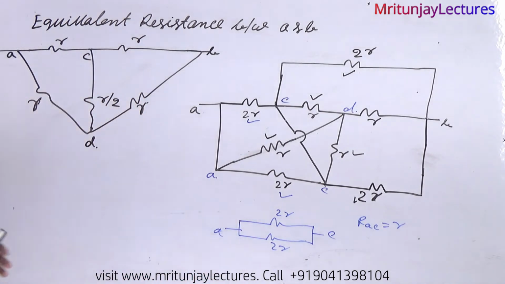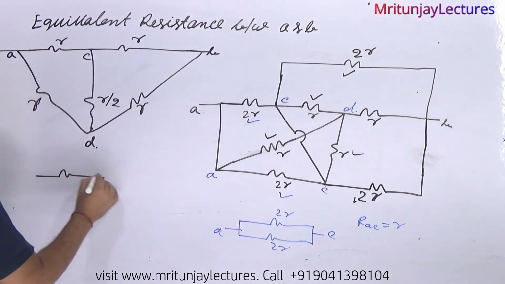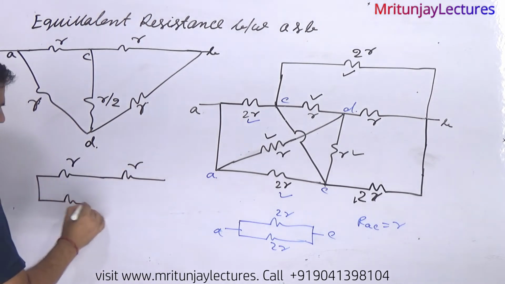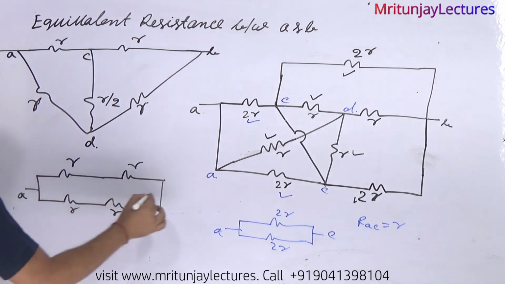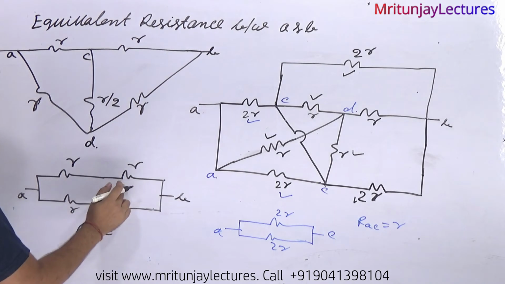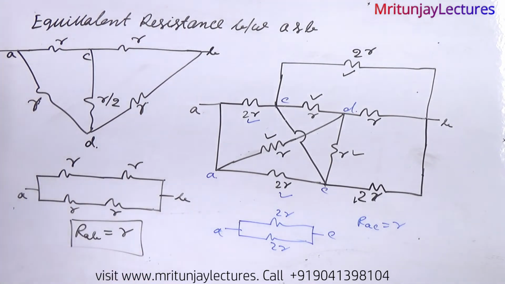Okay, so if both are at same potential, then that is R, that is R, this one is R and this one is R. And that point A and that point B. So R of AB is 2R and 2R in parallel. So finally, the equivalent resistance is R.